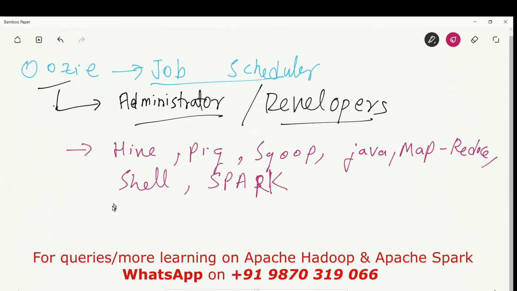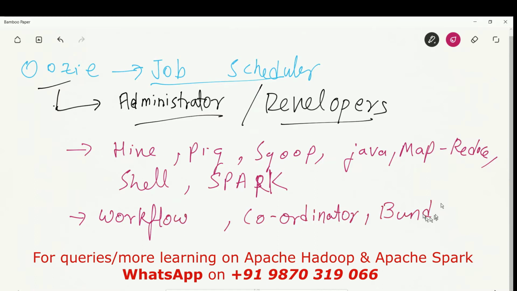To support this, they use the following things: workflow, coordinator, bundle, and a property file.